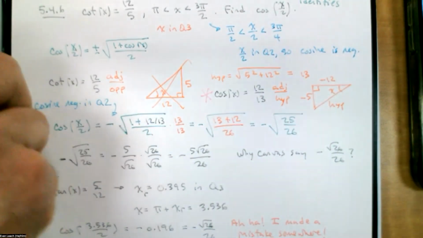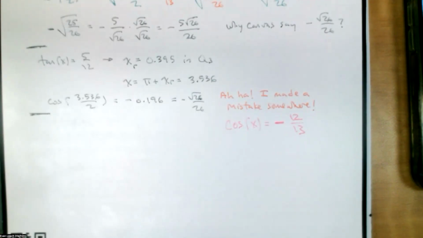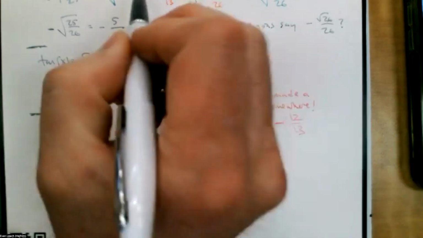I was saying to myself, I'll just remember that x is in quadrant 3, and I should have a negative 12 over 13, and I didn't. So that changes this calculation.